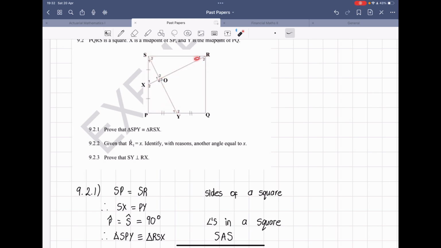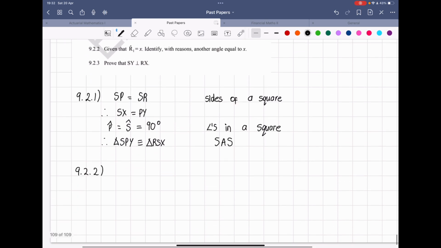So if this point of the one triangle is equal to X, then in the congruent triangle, the corresponding point is S1, which is also going to be equal to X. And that is congruent triangles.